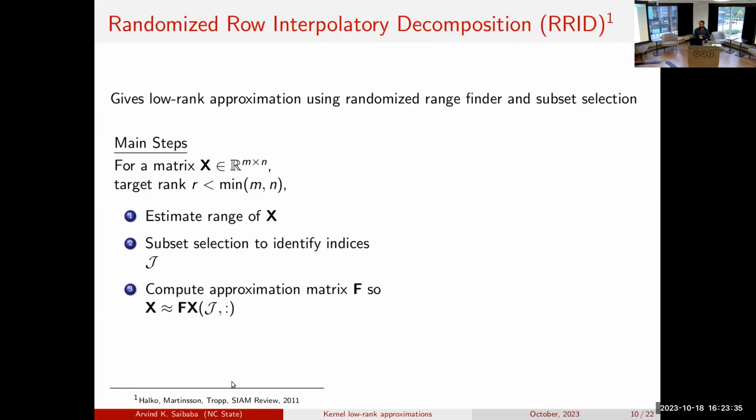If you want to compute the low rank approximation of a matrix, the steps involved are: you estimate the range of X, and then you identify a set of indices, the rows of X, and then you patch those 2 things together to come up with a low rank approximation. The advantage of this is that it's efficient in the way you access the matrix. In the second step, you don't have to access the matrix in its entirety, only a subset of the matrix. And that really has an impact when it comes to tensors.